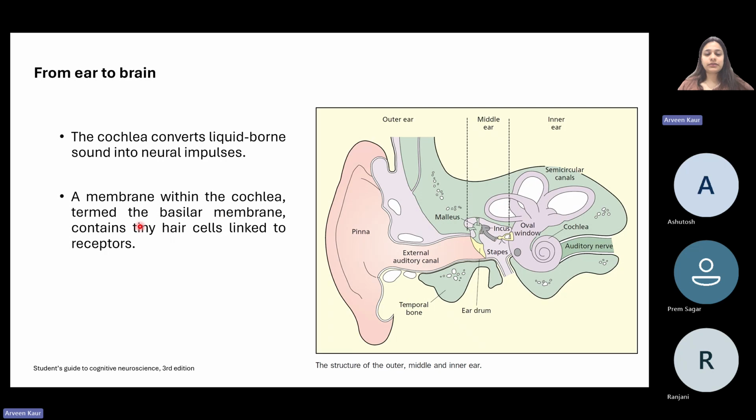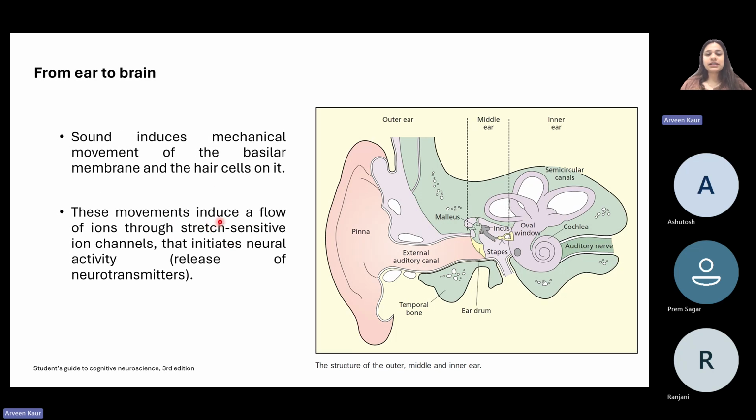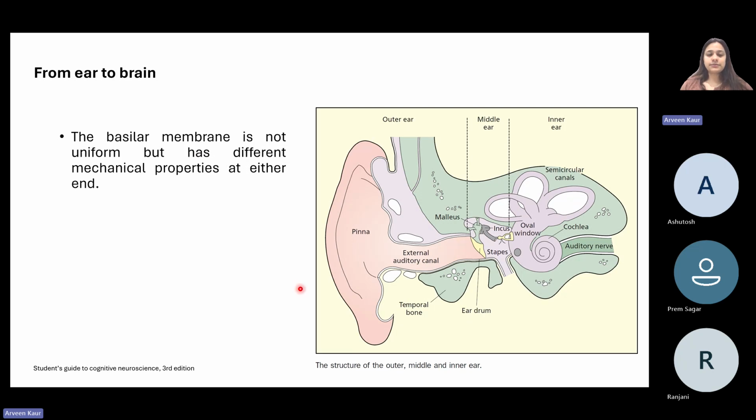The cochlea converts liquid-borne sounds into neural impulses. The membrane within the cochlea is termed the basilar membrane, which contains tiny hair cells linked to the receptors. The sound induces mechanical movement of the basilar membrane and the hair cells on it. These movements induce a flow of ions through stress-sensitive ion channels that initiate neural activity or release of neurotransmitters.